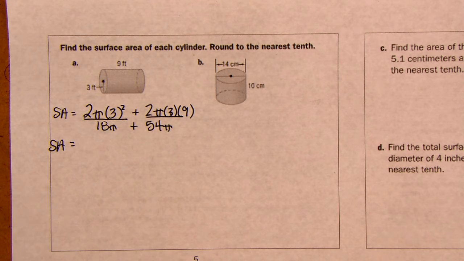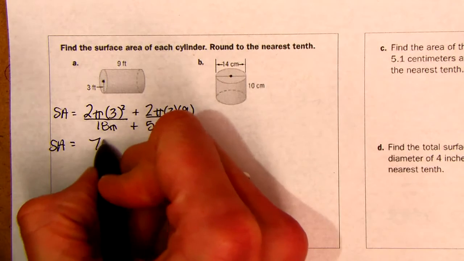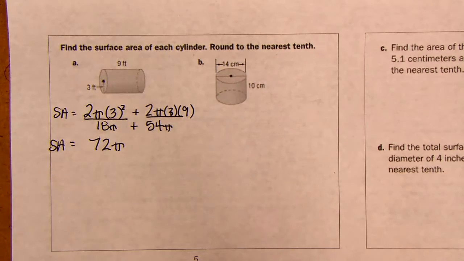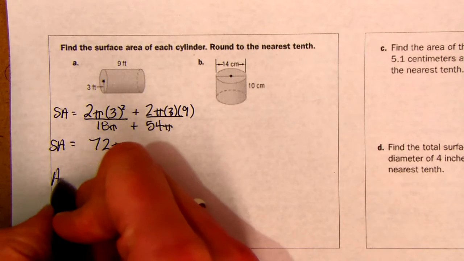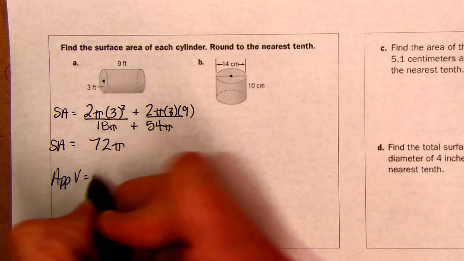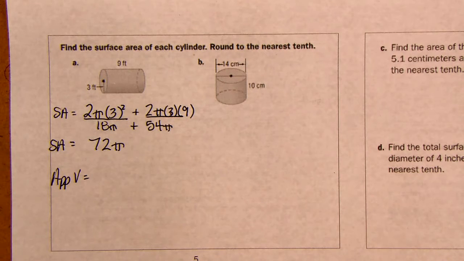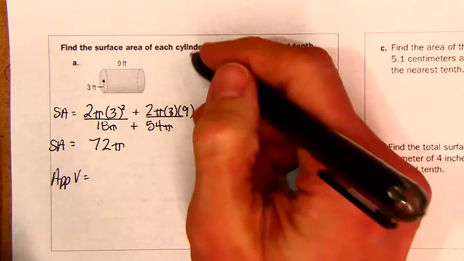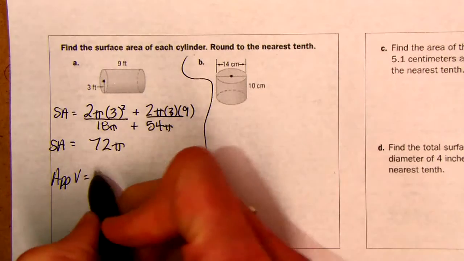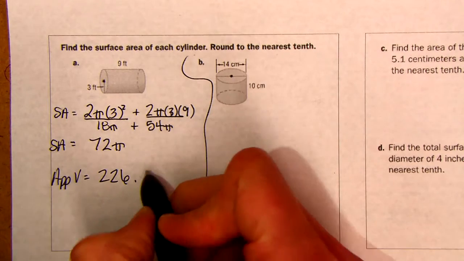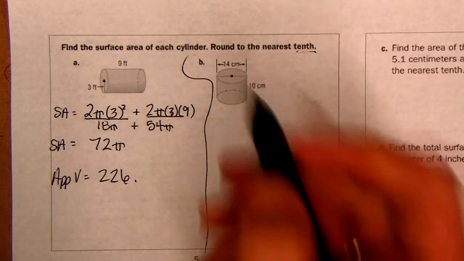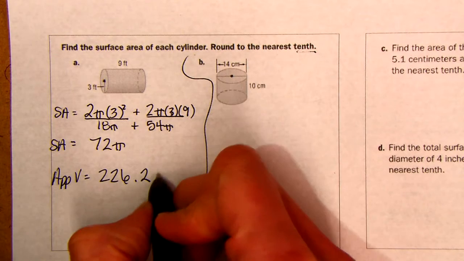That's our exact answer. Now for our approximate answer, we multiply by pi and round. It's approximate because we're rounding. We should get 226.2 feet squared, to the nearest tenth. We're going back to squared because it's area, so be careful of that.